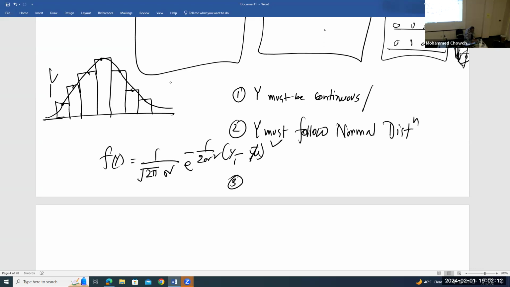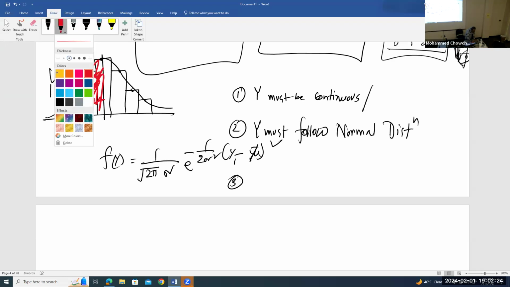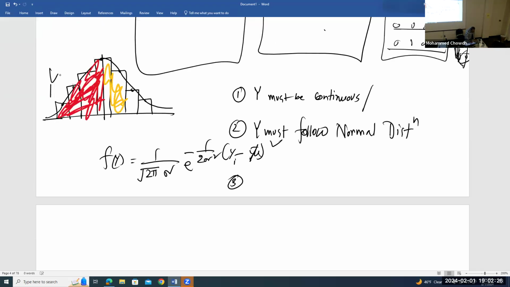That means this is the point, 50% is on the left and 50% is on the right. Approximately normal, you can say that. Number one, the histogram approach: you take the height, you do the histogram, it looks symmetric, and you say my response variable follows a normal distribution, approximately normal.